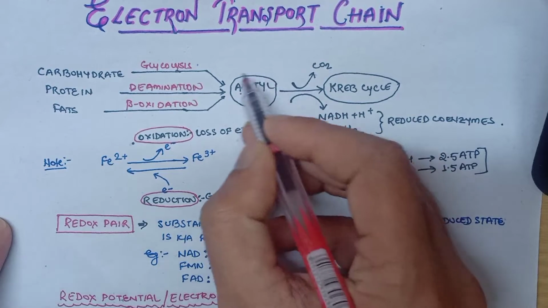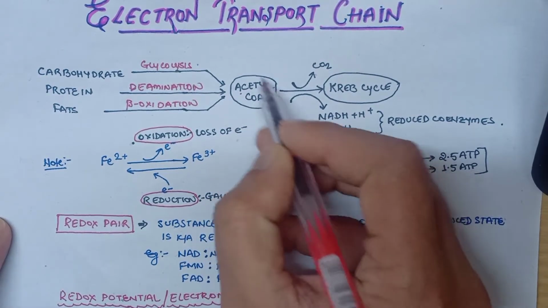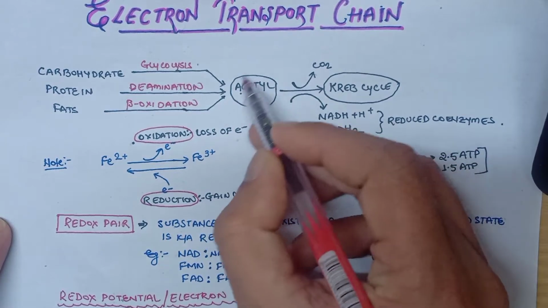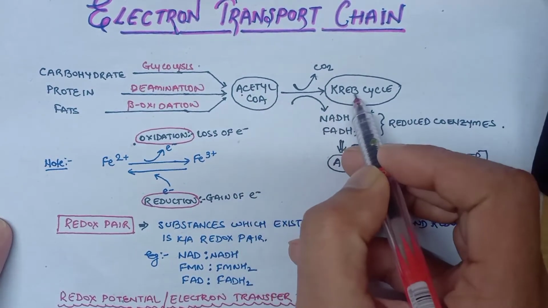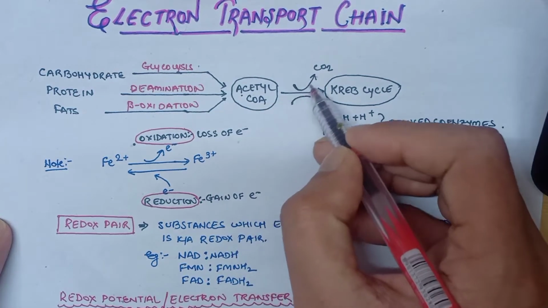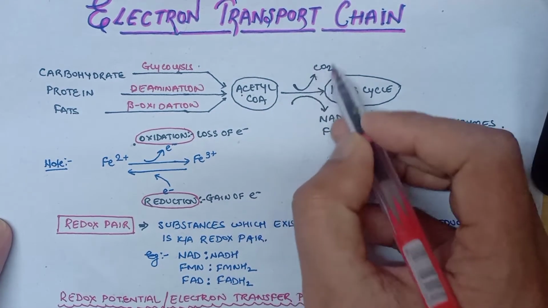So the resultant product acetyl coenzyme A is a 2-carbon compound, and this acetyl coenzyme A will enter into the Krebs cycle, where it will be completely oxidized to give 2 molecules of carbon dioxide.